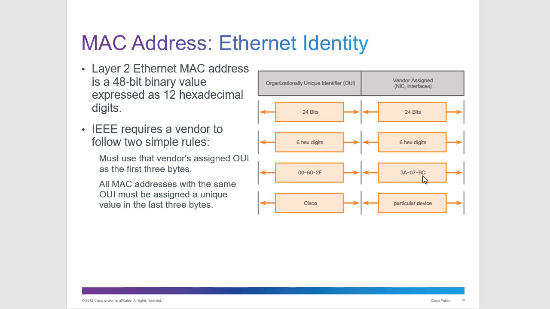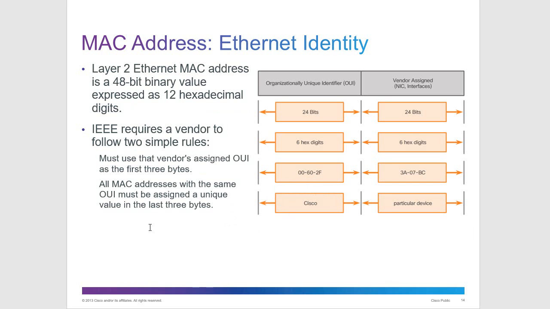Okay, there's 48 bits in total in your MAC addresses. So basically each 2 digits of your MAC address is 8 bits. That's how you get this 48-bit binary value. Okay, so each 2 digits here, 8 bits.